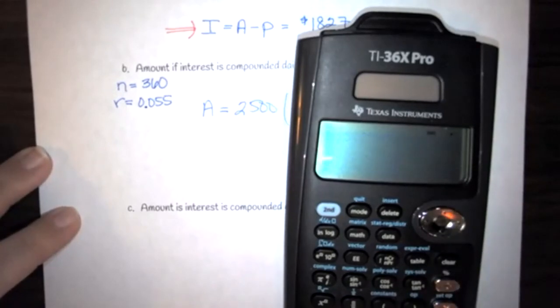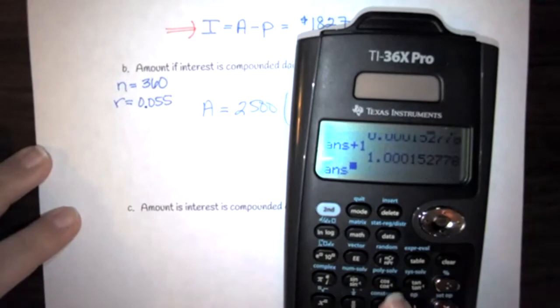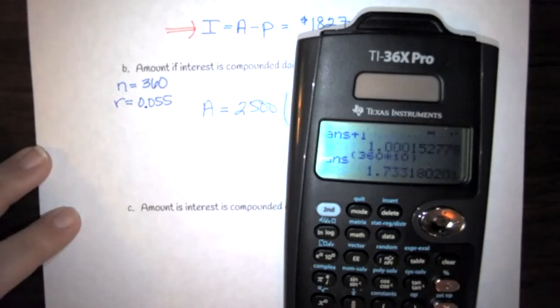Alright, so we have 0.055 divided by 360. We're going to then add 1 and hit enter. We're then going to raise it, open a parenthesis, to the 360 times my 10 years, hit enter. And then we're going to multiply that by the 2,500 that we put in.